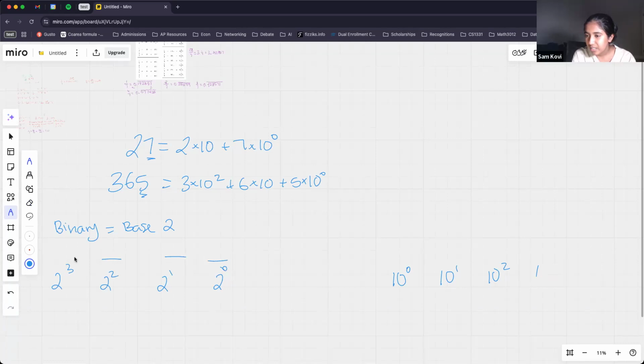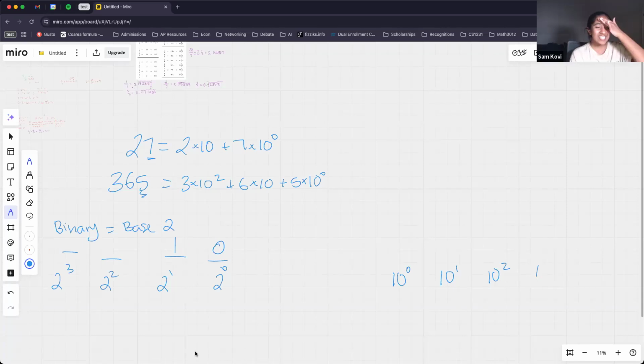Okay. If I wanted to write the number 2, I don't write a 2 here because I can just write a 1 here. Remember, 2 to the power of 1 is 2, and I have 1 of that 2. So 1 times 2 gives me that total value of 2. And then I put a 0 over here. Does that make sense, how we're able to represent numbers using different place values?